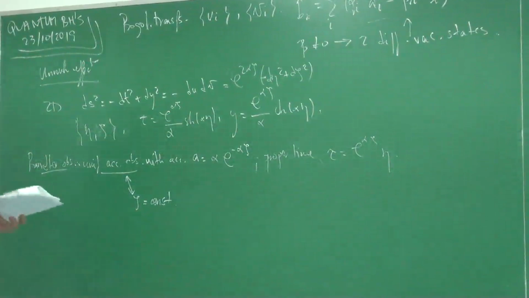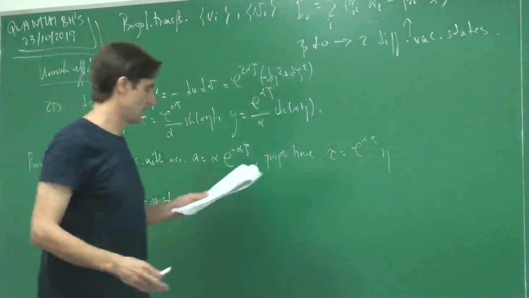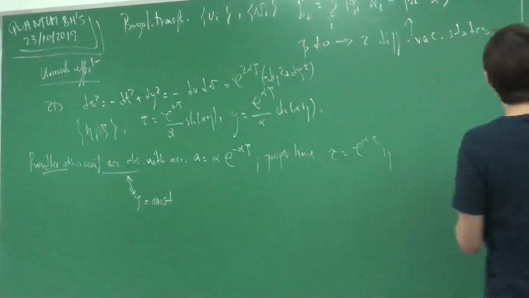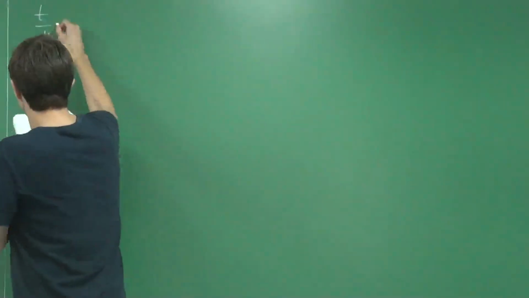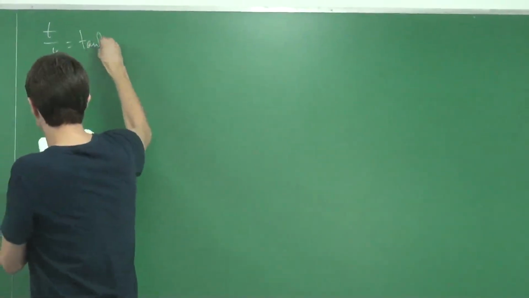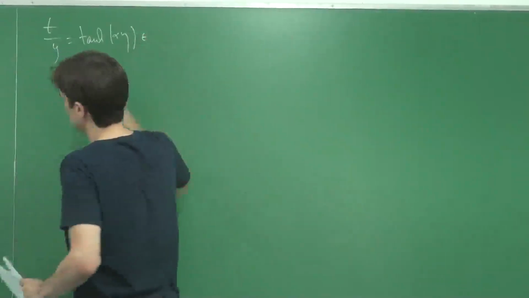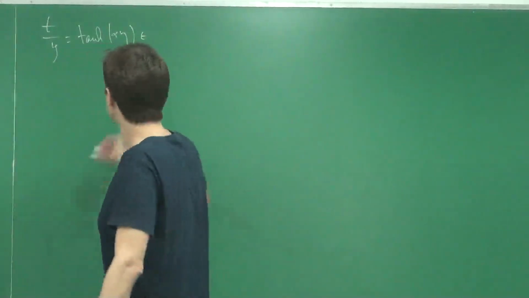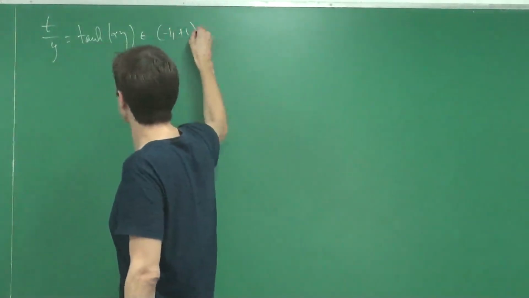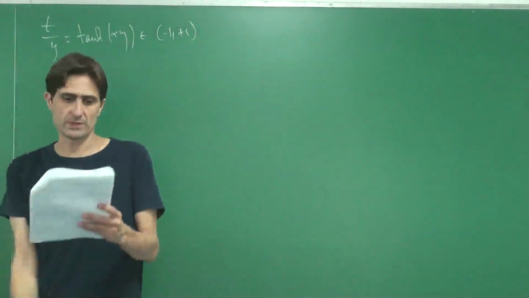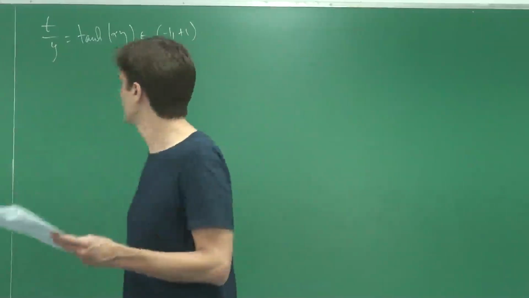Okay, so let's play around a little bit more with this. First of all, t over y gives you the tangent of alpha eta, because the tangent goes from -1 to +1. I already wrote all this down last week.